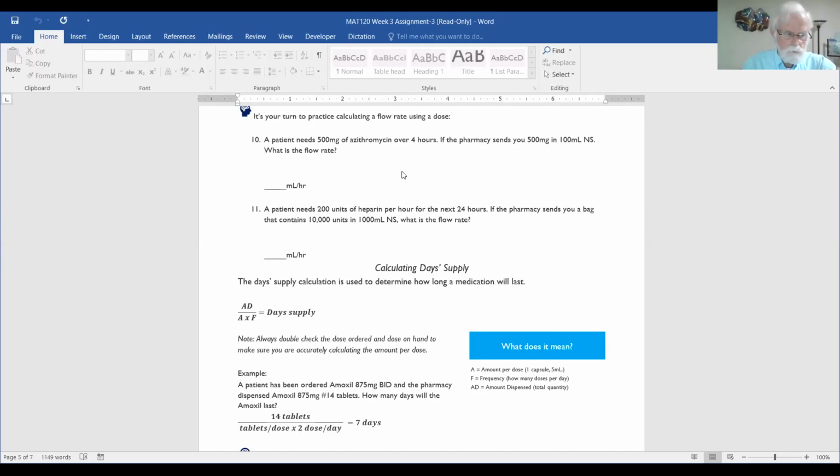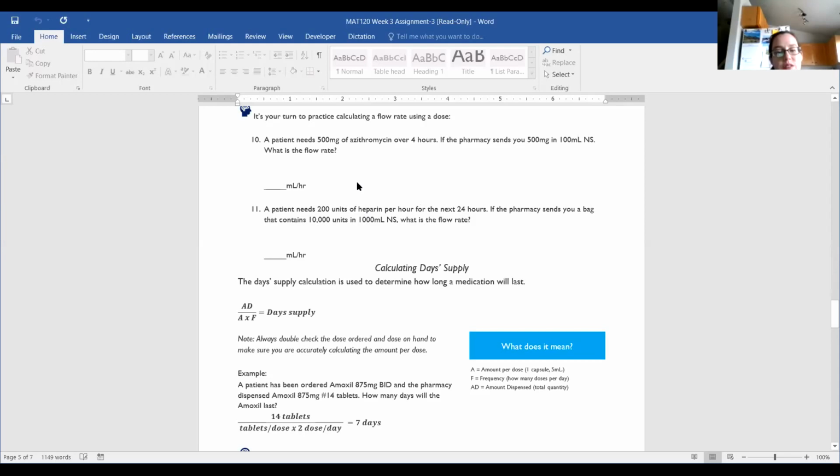Oh, so that's already solved for us. Yeah, we know what the rate of units per hour is. So 200 units per hour is the rate, that's the dose prescribed.